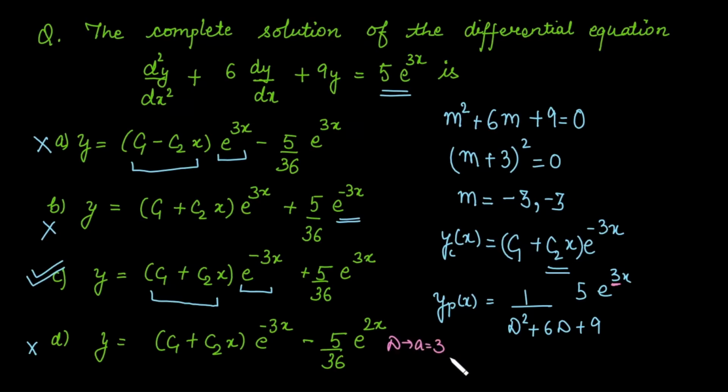So 3 square is 9, plus 6 into 3 is 18, plus 9. So 5 by 36, e raised to power 3x, that is available over here. Hence, in this case, the answer is option C.